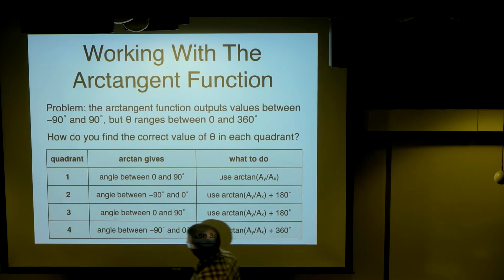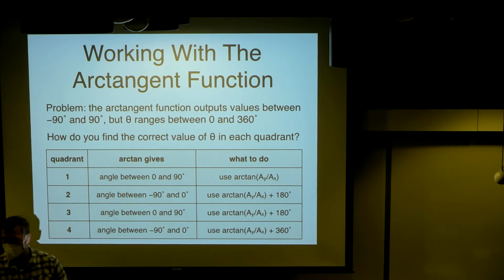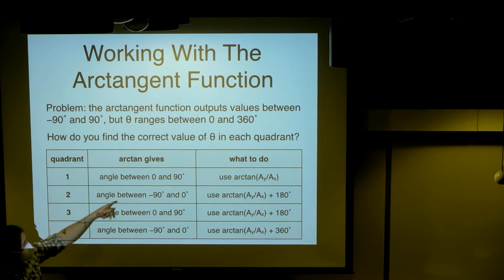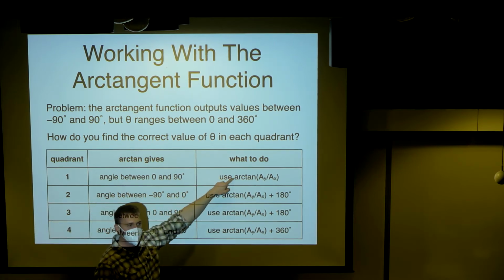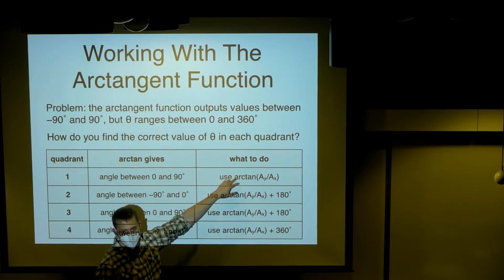So if your vector is in quadrant 1, if you're in the first quadrant, we know that our angle is supposed to be between 0 and 90. And actually, that's exactly what arctangent will spit out if you do this calculation I showed you earlier. So you just take that as your answer and you don't need to correct it. It's already correct, okay?